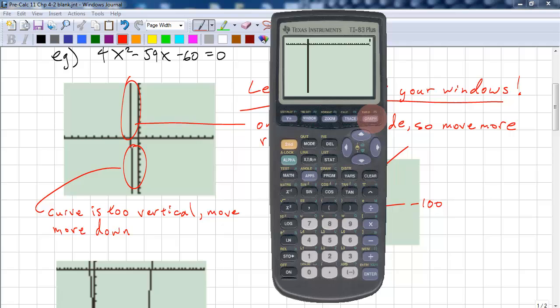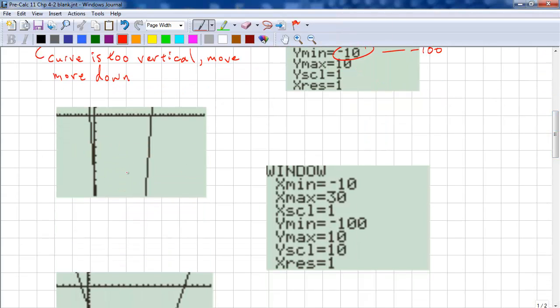And graph. So we have a lot of extra blank space here. So we need to narrow the domain. And that's these numbers. So we'll use negative 5 and we'll use 20.